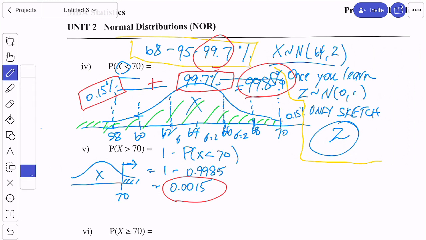Okay, for this one, can you see it? This question here is the same question as this one. Why? Because X is a continuous distribution, and for continuous distributions, what's the difference between 5 and 6?